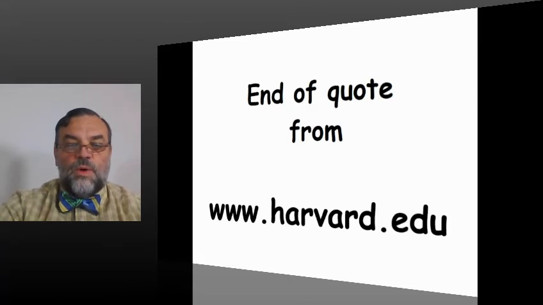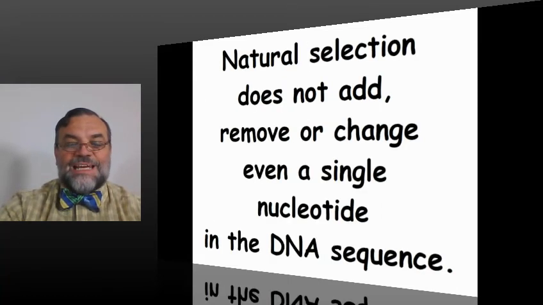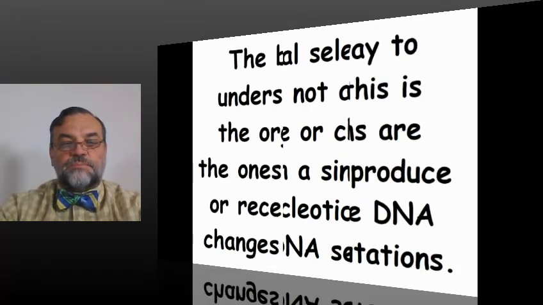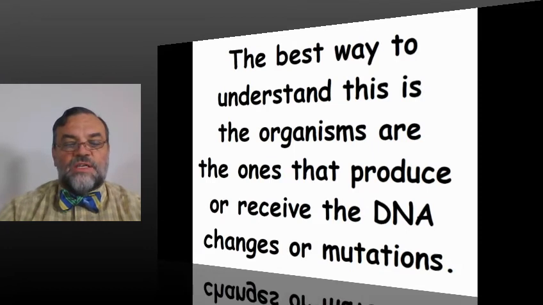So the point being, natural selection does not add, remove, or change even a single nucleotide in the DNA sequence. The best way to understand this is the organisms are the ones that produce or receive the DNA changes or mutations.